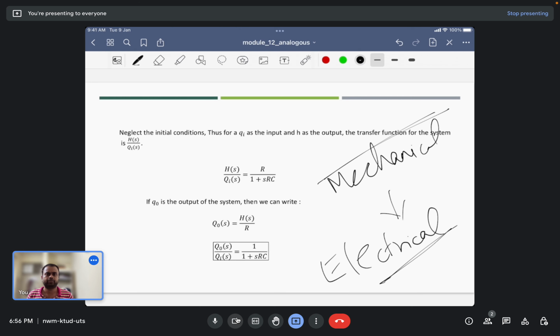You will get much better details about these topics in control systems. There is a subject called control systems. I think you'll get it in third year or maybe second year. So this is just a brief outlook about how translational and rotational moving parts can be transformed into electrical components. We can represent them with the help of resistor and capacitor, and in some cases an inductor.